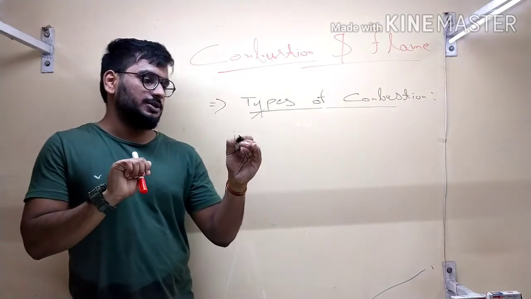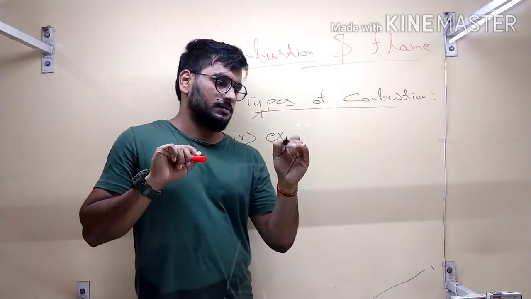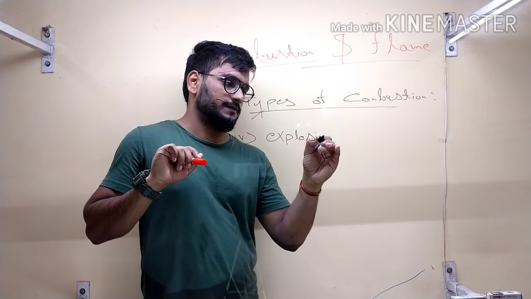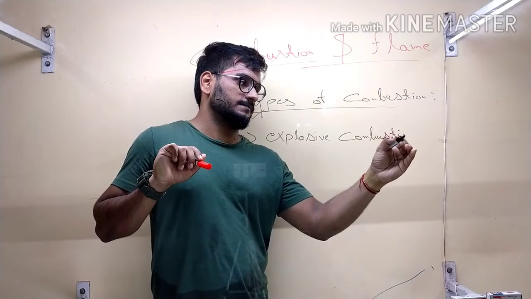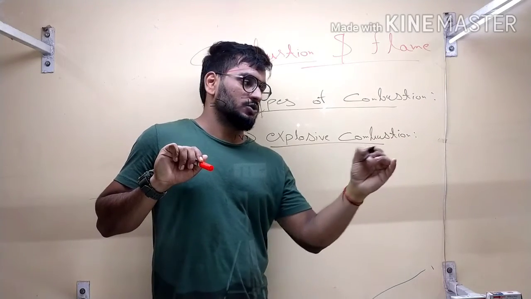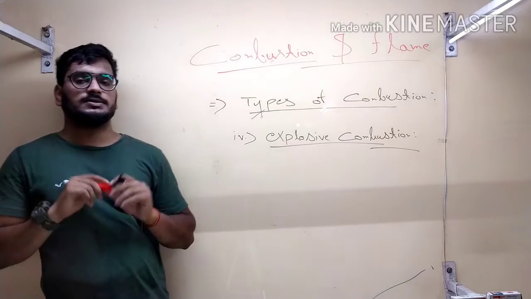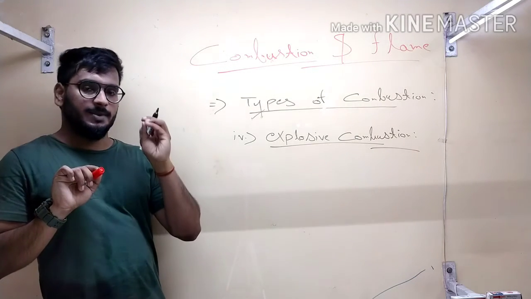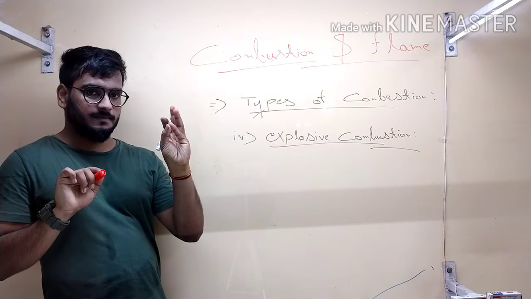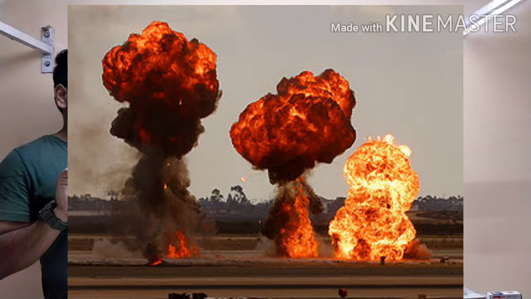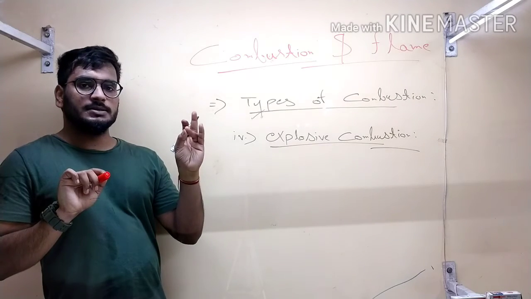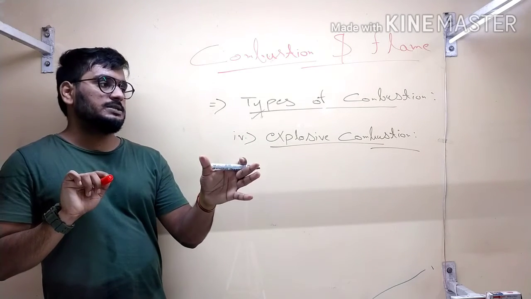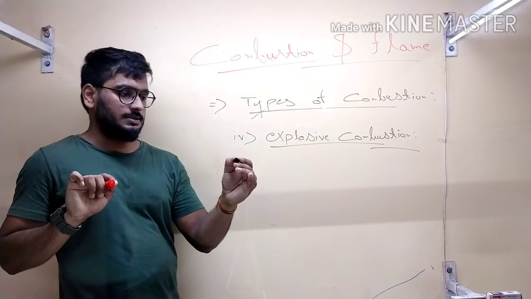Explosive combustion. So explosive combustion is the fastest combustion. Rapid combustion is fast. Spontaneous is faster, but explosive is the fastest.